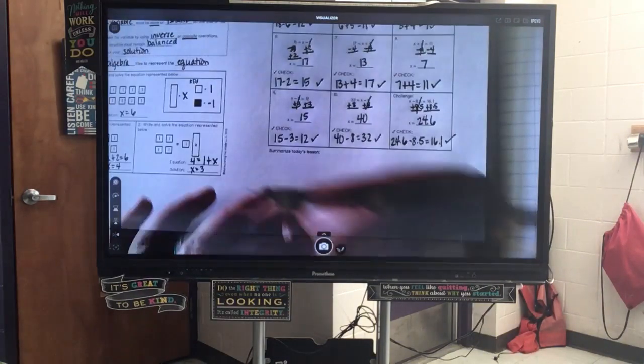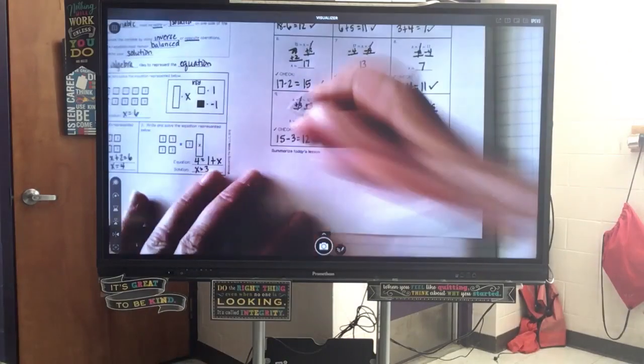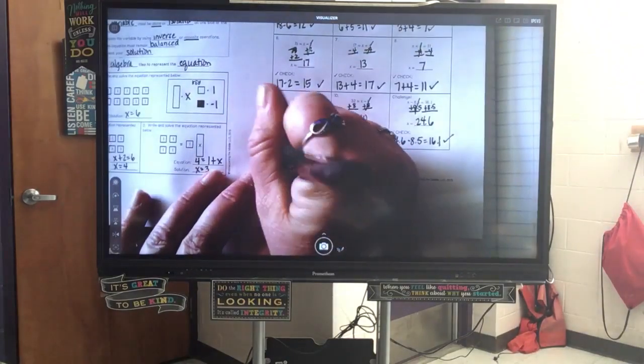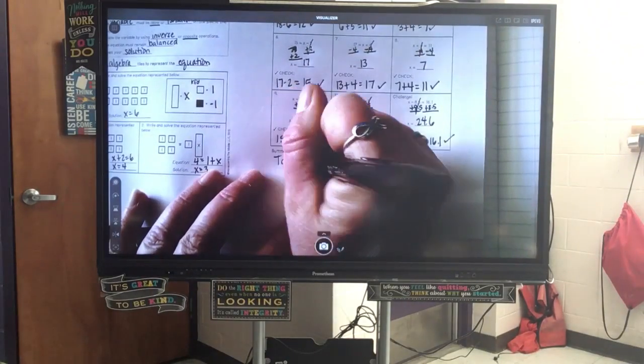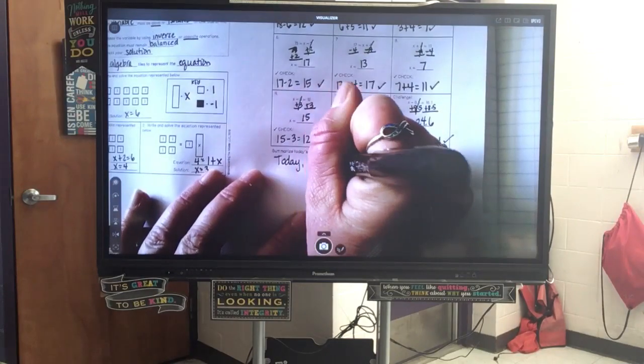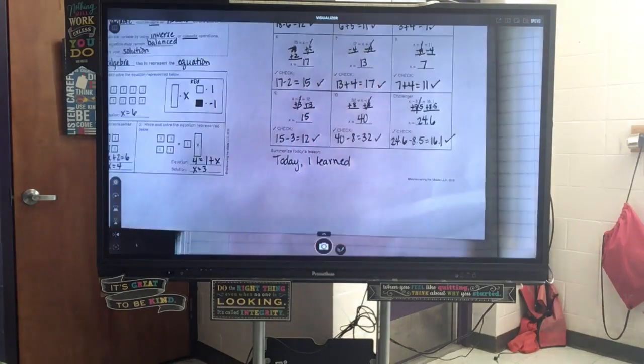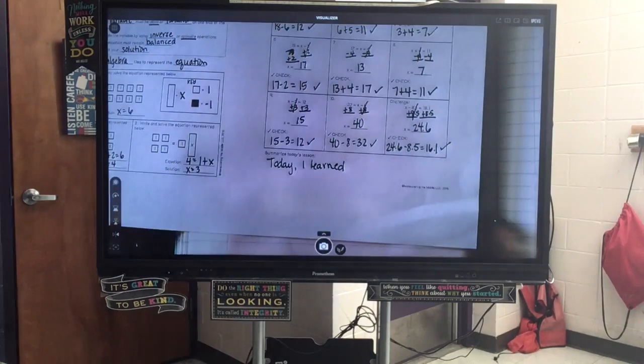So I want you to use the sentence starter today I learned. Tell me what you learned and how you feel about it. Should be 2 to 3 sentences. No less than that. If you want to write more than that, then you're fine.